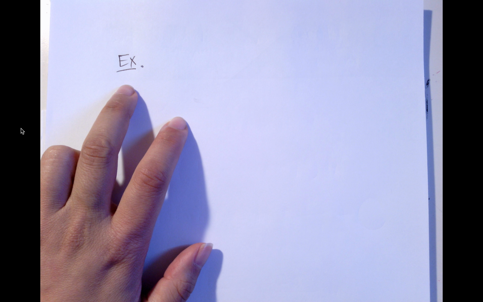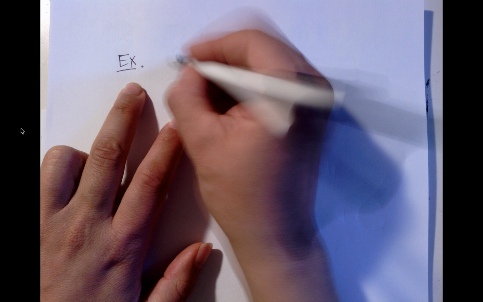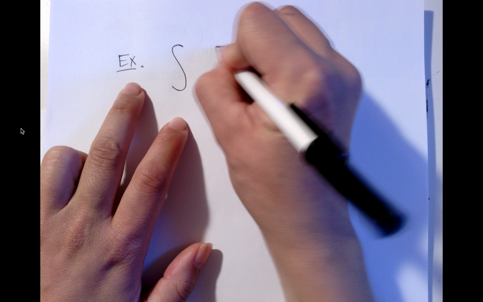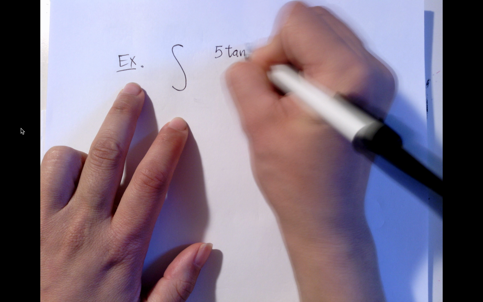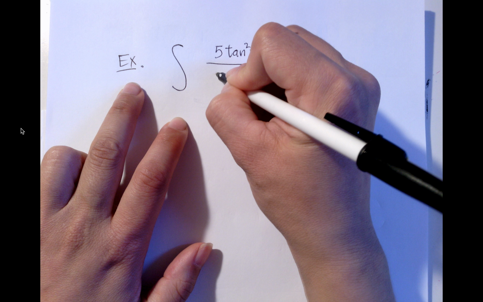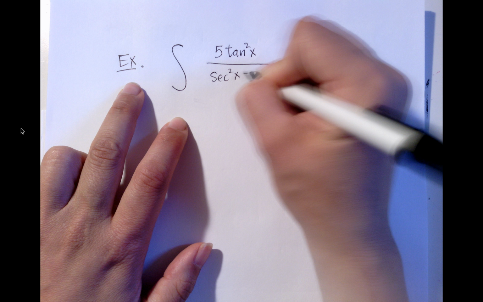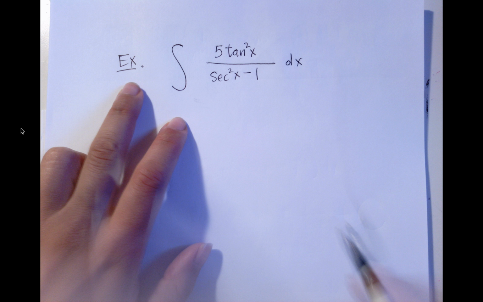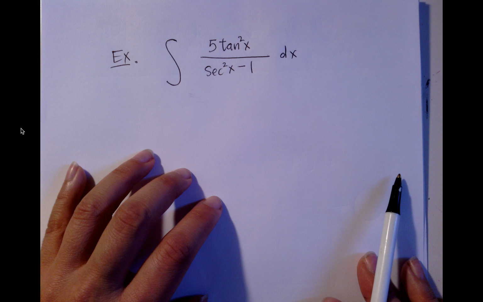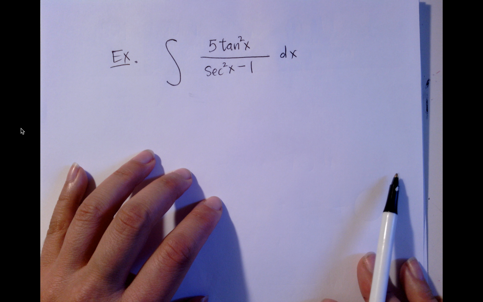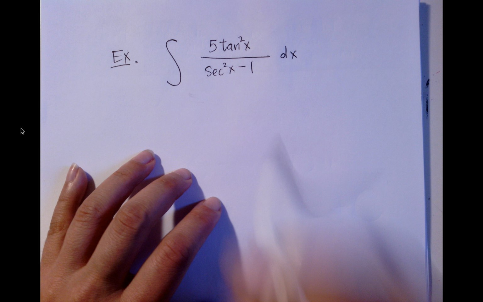Okay, I'm going to do another example from trig because I want to start emphasizing the importance of knowing the trig identities. So we are being asked to find the most general antiderivative of this function. If I look at it as it is right now, this does not look like the derivative of any function I know, so I'm going to try to rewrite it.